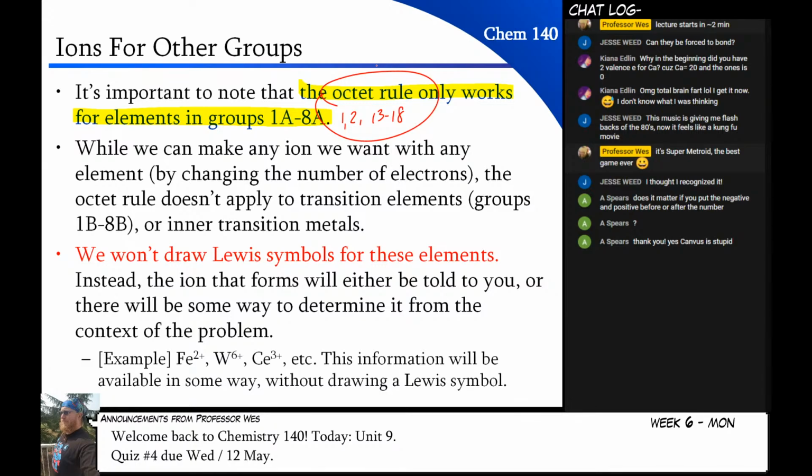But for now, we're not going to draw Lewis symbols for anything in groups 3 through 12. I'm just going to tell you the symbol, and there will be some context in the problem that allows you to solve for the charge. And again, we'll get to that later. It's just that I don't want you thinking, oh, I can apply this to absolutely anything. It only works for the groups that I've shown above, 1A through 8A, which are, again, 1, 2, and 13 through 18.